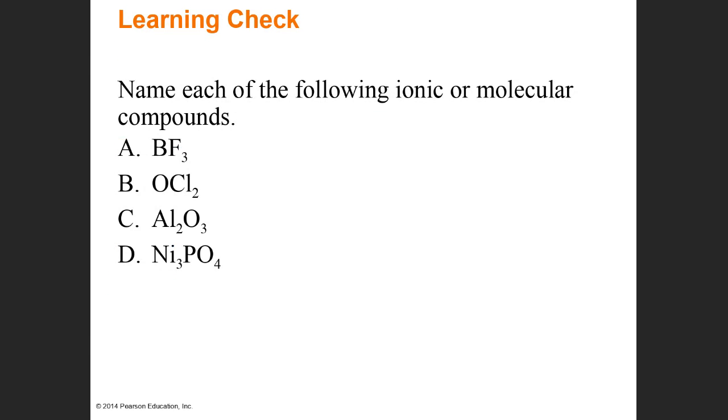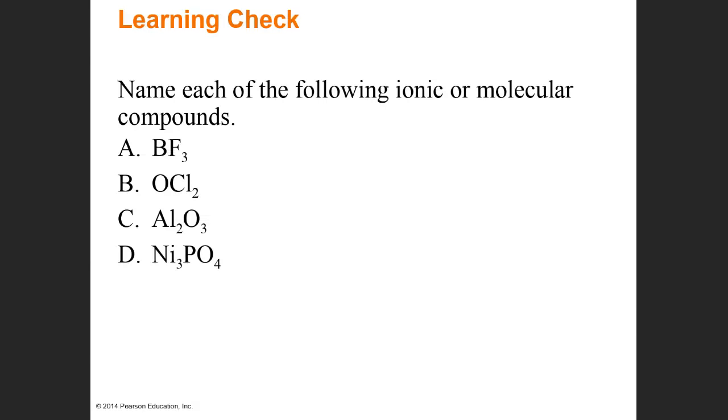Now this is a combination of ionic and molecular compounds. So I'm just going to ask you, do you see any compounds that are ionic? So you want to look for ionic.